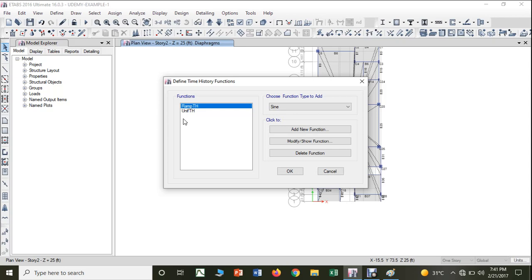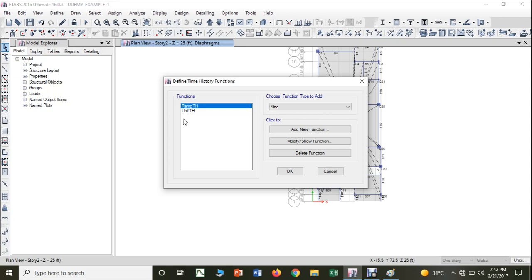You can download them, and then that loading will be applied on our structure. Okay, so by applying that loading, and definitely, since you know that earthquake load is a dynamic load, the building will be subjected to that dynamic loading, and for that loading we are going to design it.